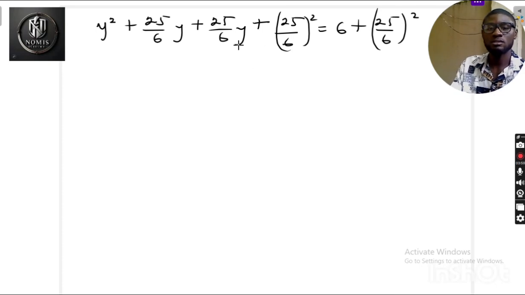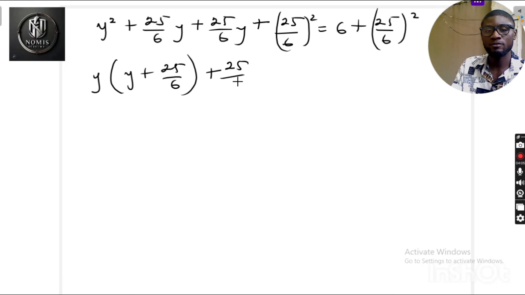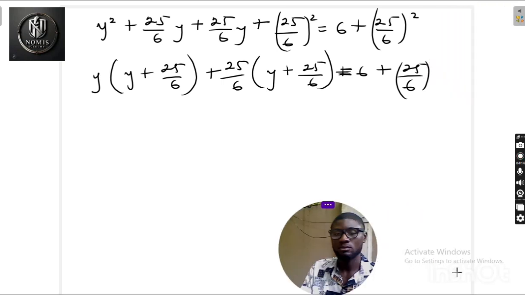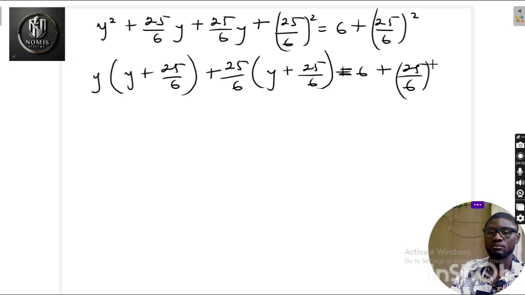So now that I did this, I can factorize this out. I have y, so I can have y into y plus 25 over 6, close bracket. I have 25 over 6 here, that's 25 over 6 into y plus 25 over 6, equal to 6 plus 25 over 6 squared.